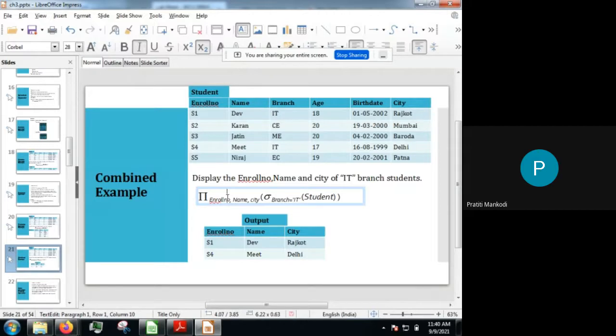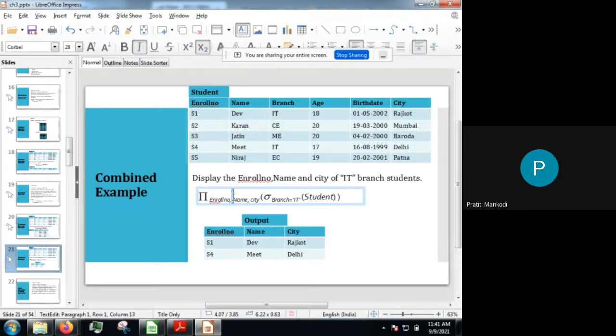Now this will generate some output. Yes or no? This will generate some temporary output. Based on that output, the outer query will work. Obviously, is it clear?